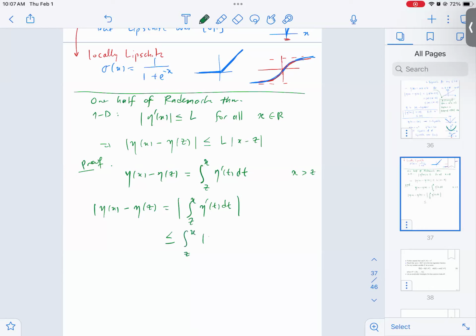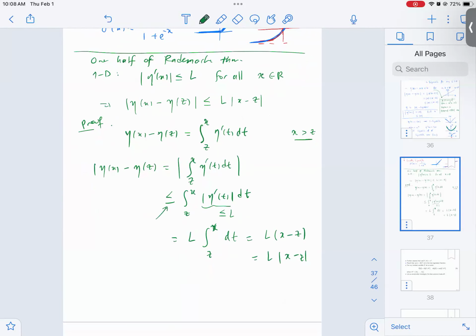So I put the integral inside, from z to x. By assumption, this is always bounded by L, so this L comes out, and I get L times the integral from z to x of dt. But this is nothing but x minus z, which is also equal to the absolute value of x minus z because we assume this. Okay, this is the proof of one direction. It's called the triangle inequality for integrals.